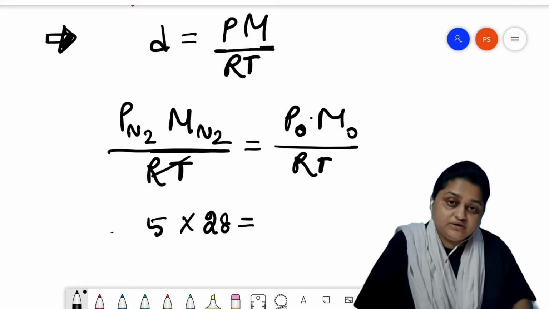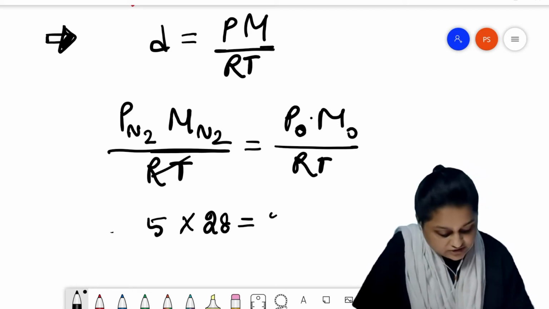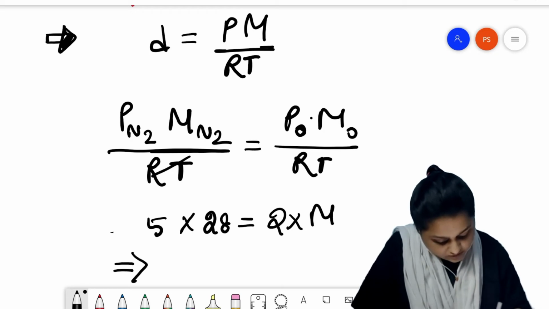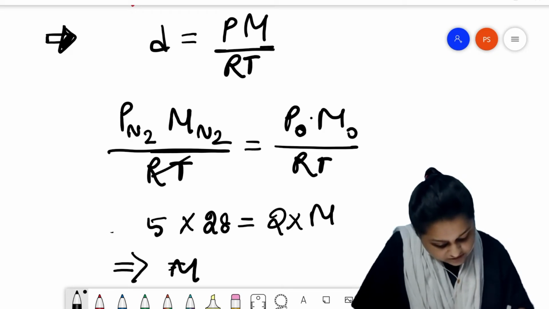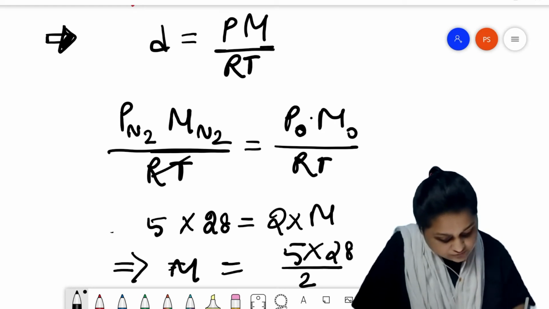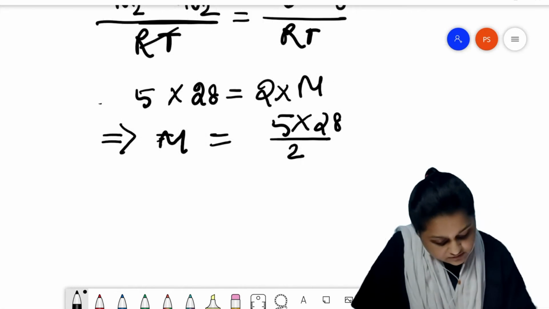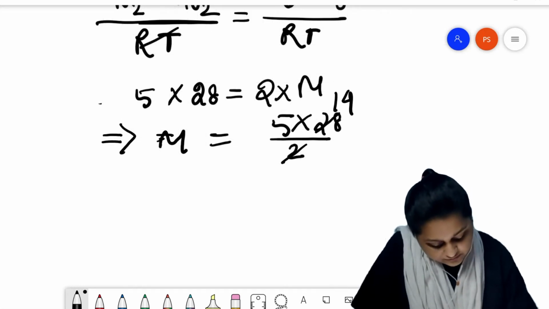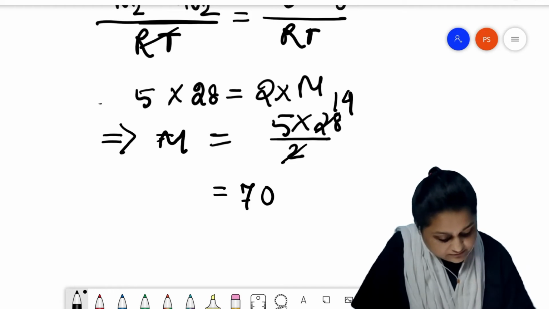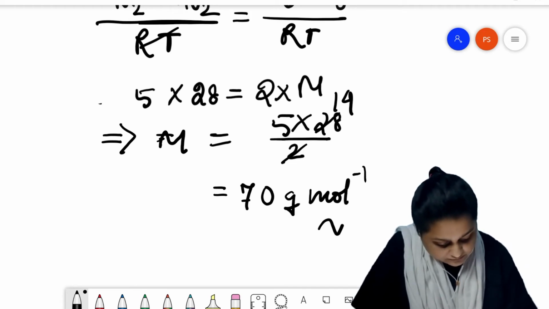Pressure of the oxide at this condition is 2 bar, and we need to calculate the molecular mass of the oxide. So the molecular mass of the oxide is going to be 5 into 28 divided by 2. This will give the value 70 gram per mole.